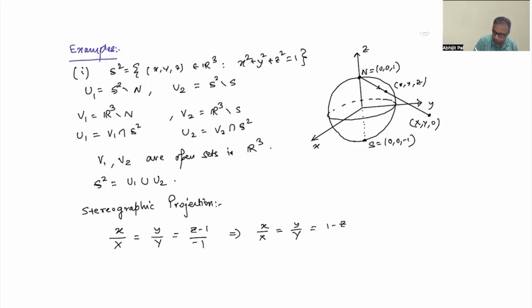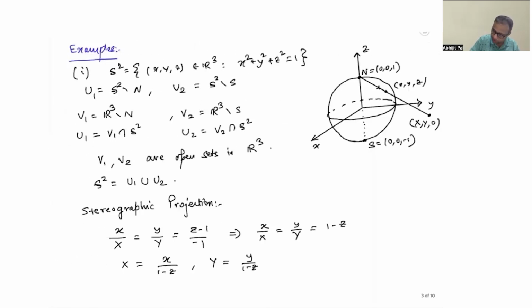Therefore capital X is nothing but x by 1 minus z, and capital Y is y by 1 minus z. Okay, and also you have this relation x square plus y square plus z square equal to 1. And here note that z is not equal to 1.